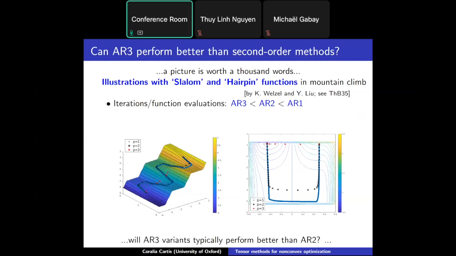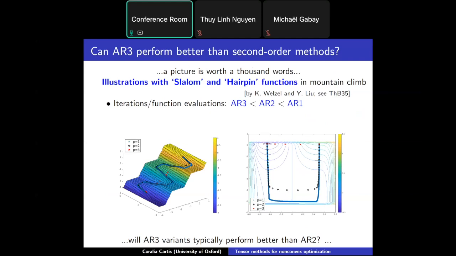So both first and second order take the long way down the mountain. They have to go slowly. But third order are these red dots that jump across this landscape. In this example, you can provably get very few iterations.